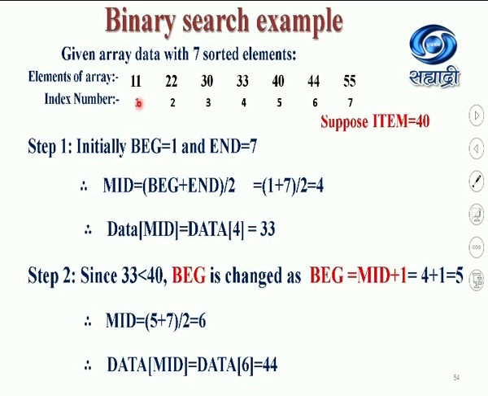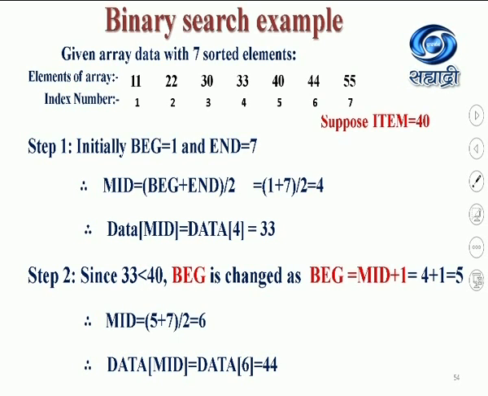Here beg is 1, end is 7, 1 plus 7 divided by 2 is 4, so compare that location, which is the fourth location. The fourth location has element 33 and our key element is 40. So compare these two elements. Here you can see that 33 is less than 40.